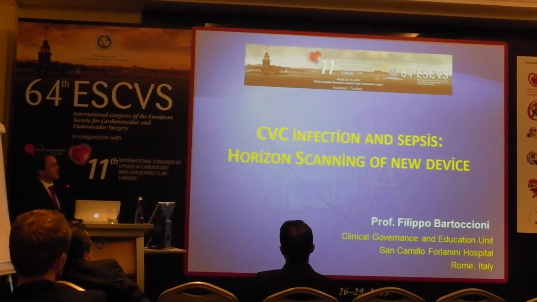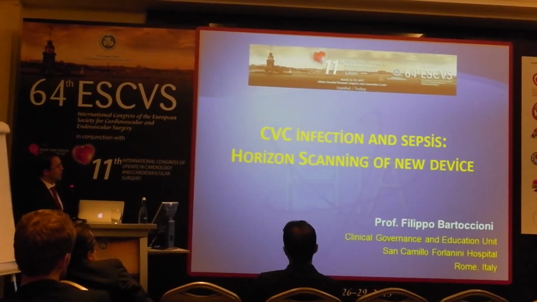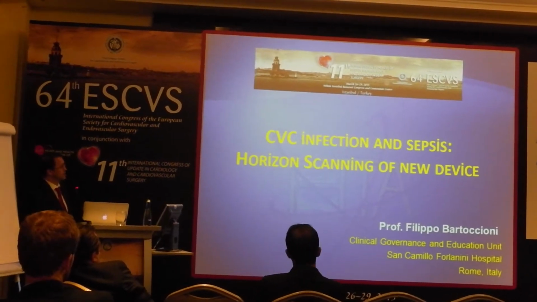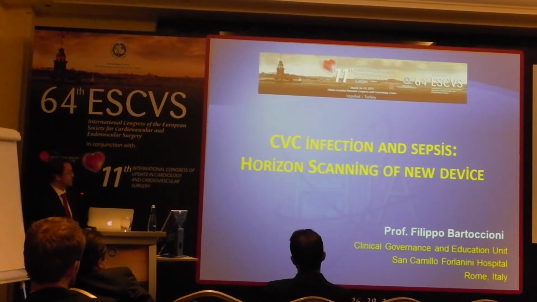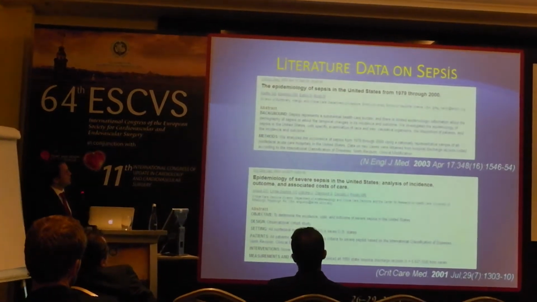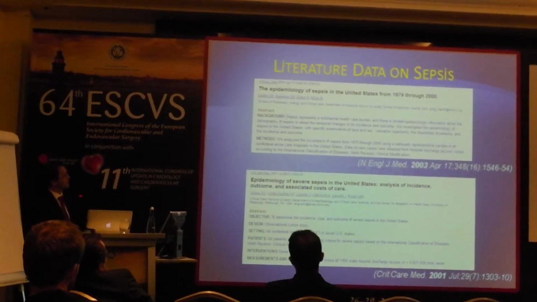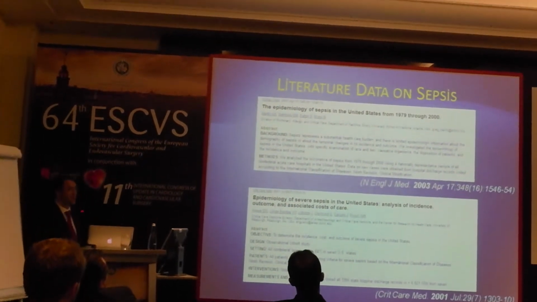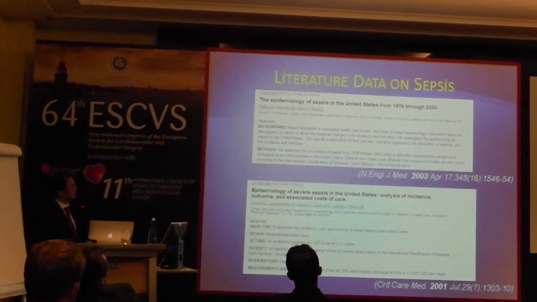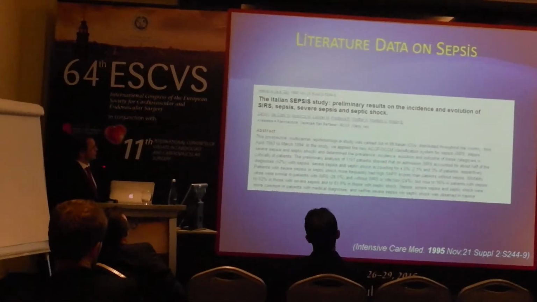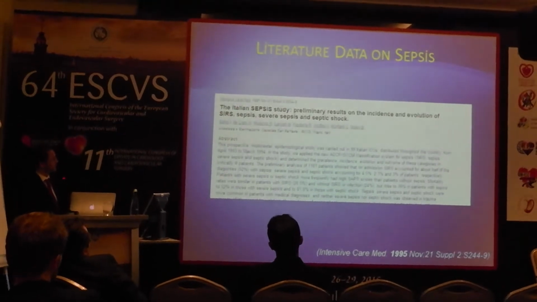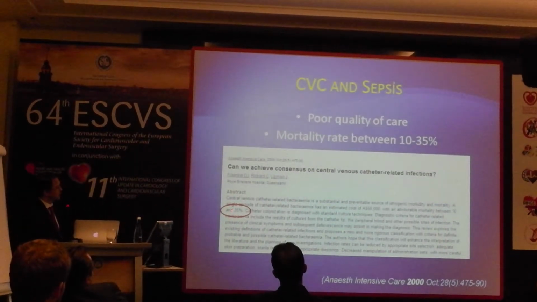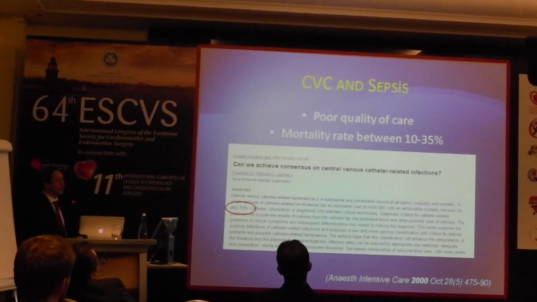In this case, we are talking about technology on infection and sepsis and helps to prevent it. As we know from the data and from the literature, sepsis is not a good thing. It's something that can kill the patient, and it has, of course, everywhere, even in Italy or in other countries. But what is important, we start from a bacteremia.